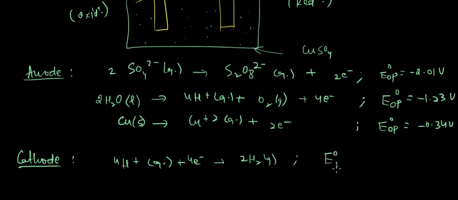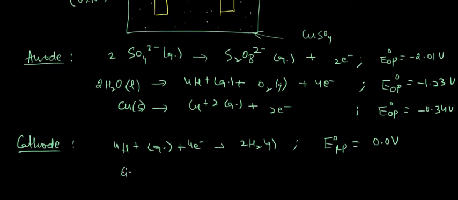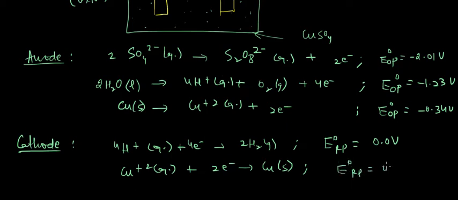For this case, E naught RP would be 0.0 volts. And we can also have Cu2+ aqueous combining with 2 electrons and forming Cu(s). So E naught RP for this reaction is 0.34 volts.